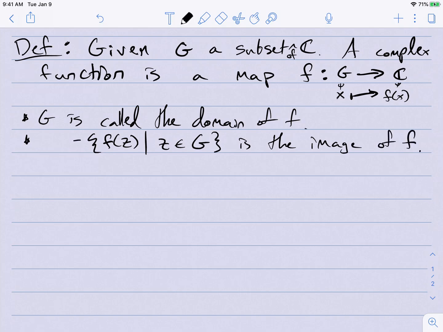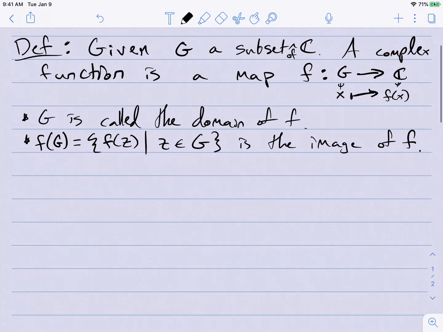And it's sometimes denoted by f of capital G. Okay, so that's what we mean by a function. It's just a rule that assigns to every element of the domain a complex number. And the domain is a subset of C as well. So it's a map from part of the complex numbers to the complex numbers.